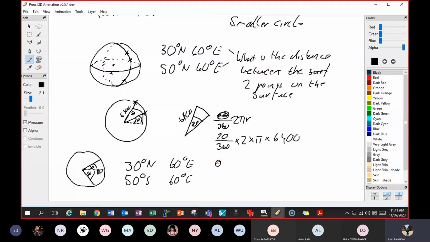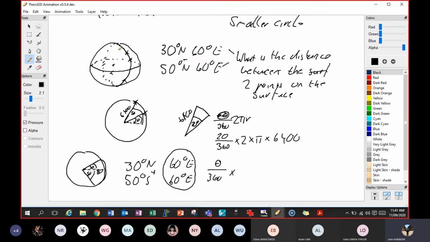So again, you just want to find the distance between these 2 points. It's just the arc of a circle. So what you guys will find is when you've got these that are different, you add them. If they're the same, you subtract them. And you're always going to use the great circle because it's always going to make a big circle.